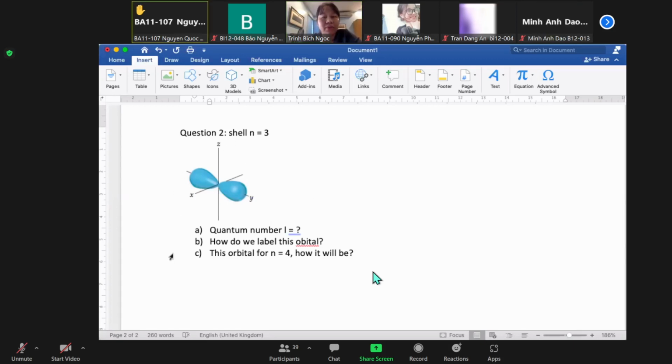This form, the quantum number L is? Quantum number L is 1 because the shape of the two groups is of the orbital P. So this is the form of the orbital P. Yes, so your quantum number L will be 1. So how do you label this orbital?